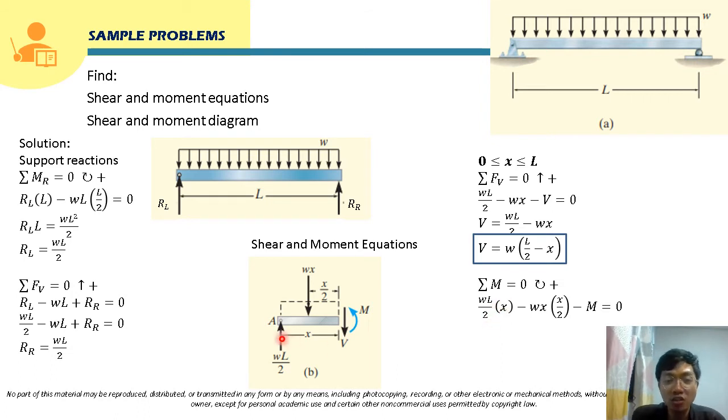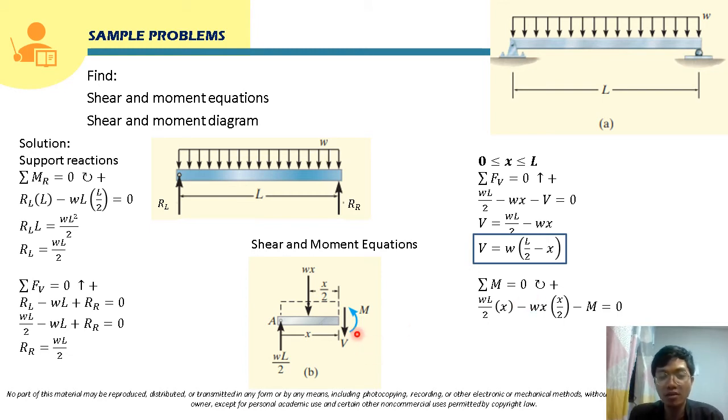And its rotation about this point will be clockwise, right? So that's why it's positive here. Now, for this WX, its moment about this point will be WX times its moment arm, which is x over 2. And its rotation about this point will be counterclockwise. That's why it's negative here.